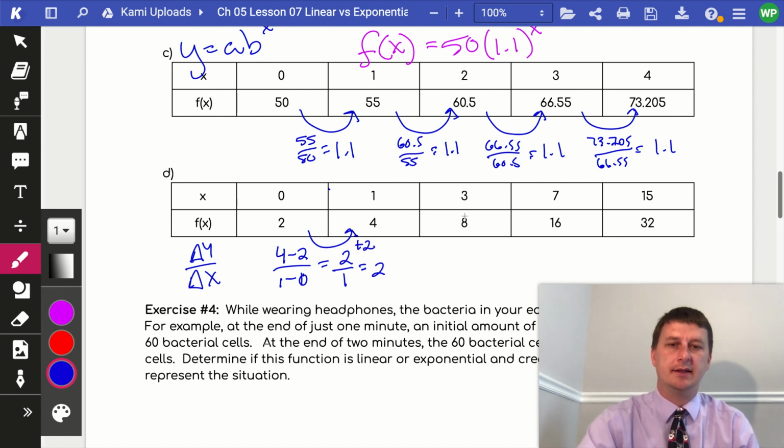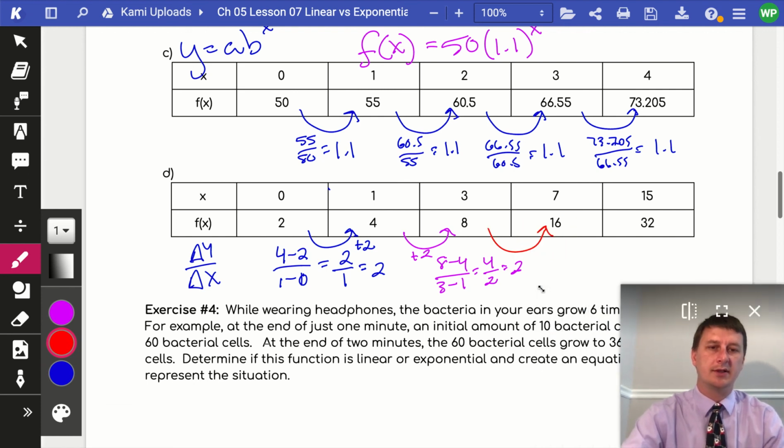Now let's see if we're going to have that same change in y over here. So we're going to take our change in y, which is 8 minus 4, to get from here to here. So this is 8 minus 4 over 3 minus 1 is our change in x. It's going to be 4 over 2, which also happens to be 2. We're going to check it out from here to here. So we're going to have 16 minus 8 over 7 minus 3.